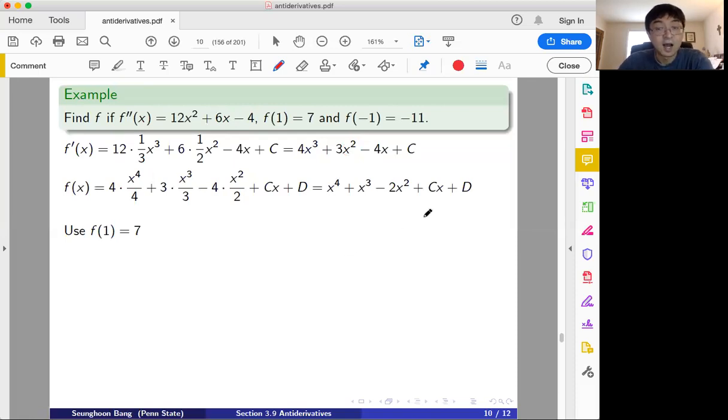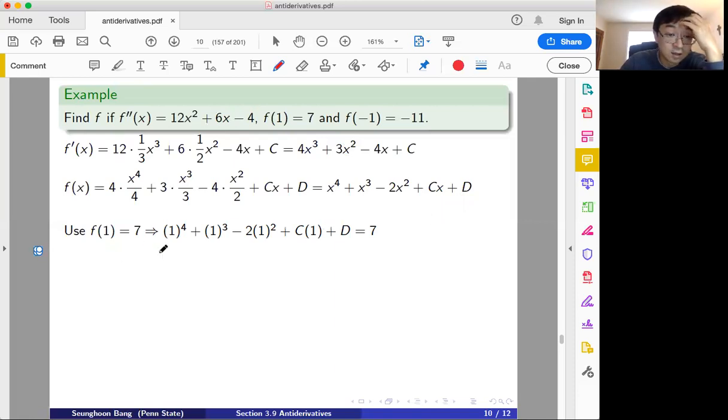The next is, how can you find c and d? We can use these two conditions. F of 1 equals 7. You plug 1 into here. 1 to the 4 plus 1 cubed, negative 2 times 1 squared plus c times 1 plus d equals 7.